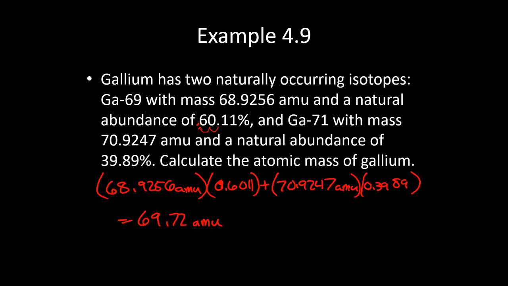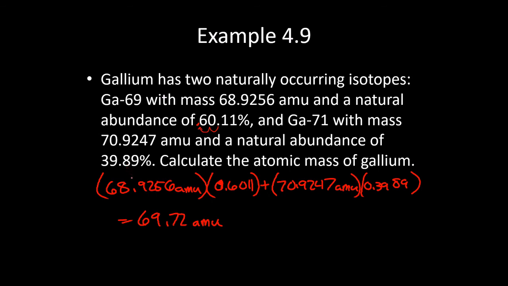And that number makes sense because it's closer to this mass number than it is to this one, but not by a ton, because there's really not a huge difference. Like I said, we have about 60% of gallium-69, which leaves 40% essentially of gallium-71.